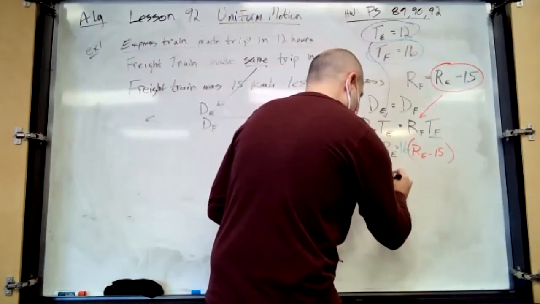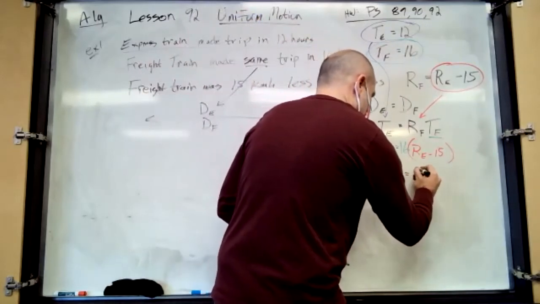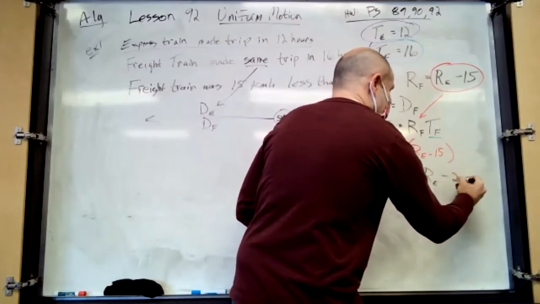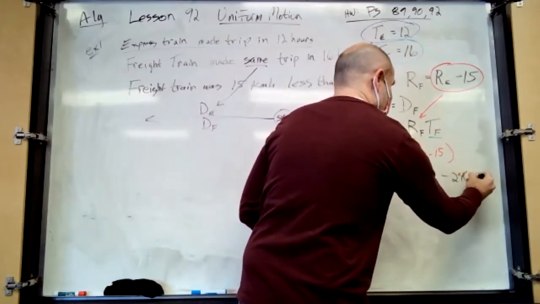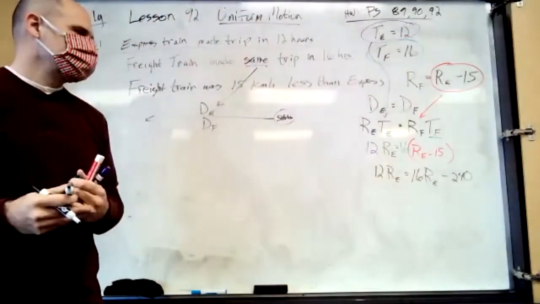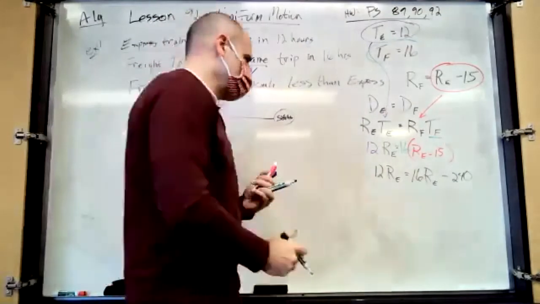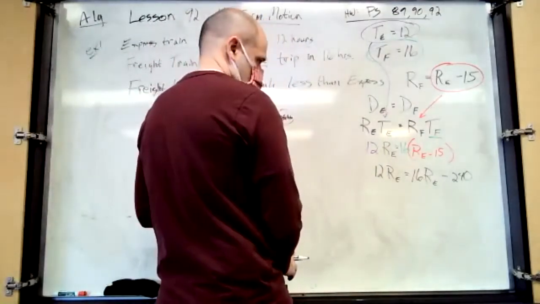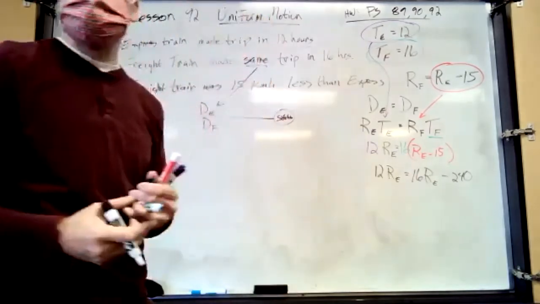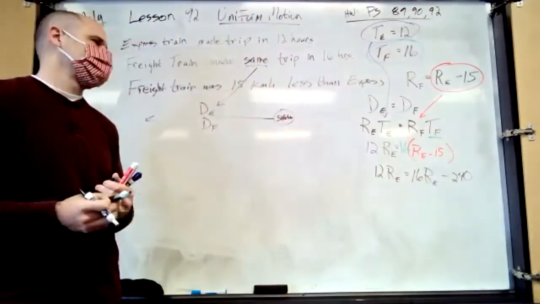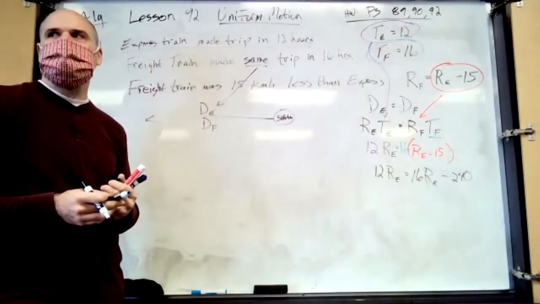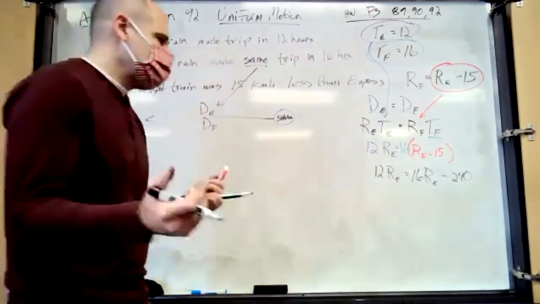So I have 12 R of E equals 16 R of E minus 240. Definitely 240. See what I did? Okay, now I'm just solving this.